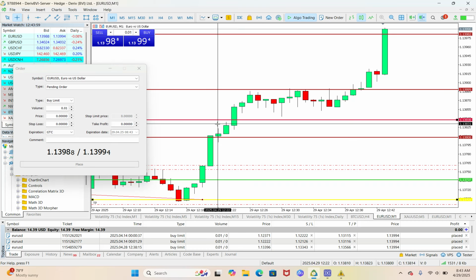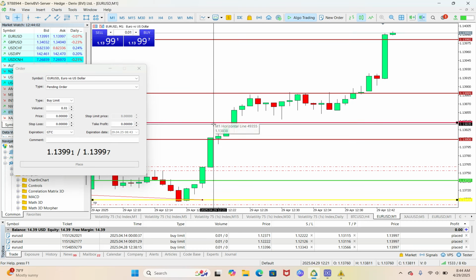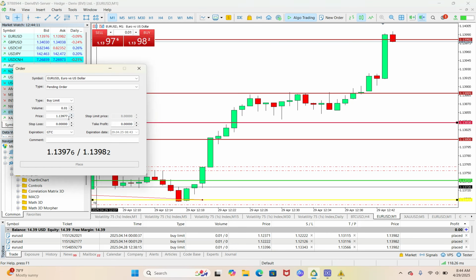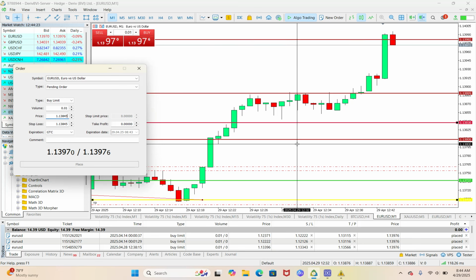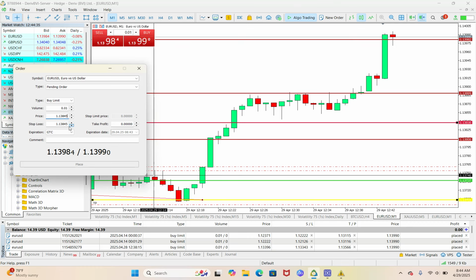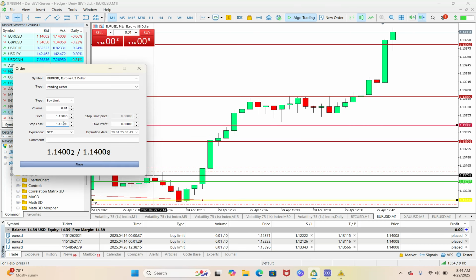Price right here, and the stop loss 13,845. 13,845 to 13, right, 10 pips below, 13,795, 13,790. 13,790.